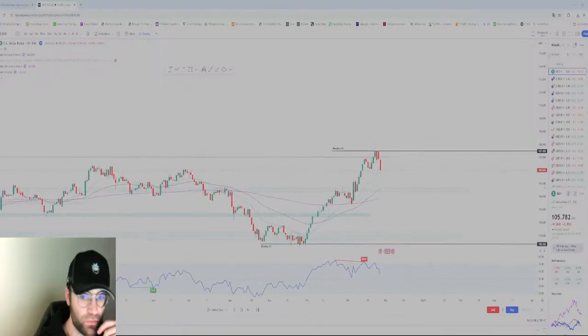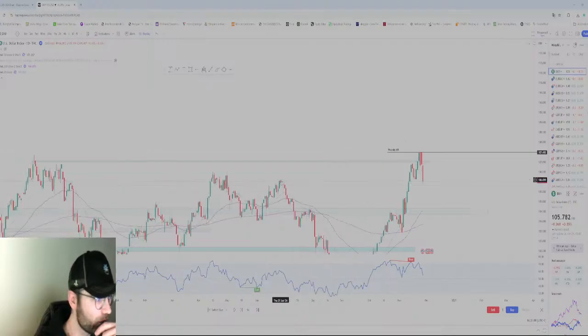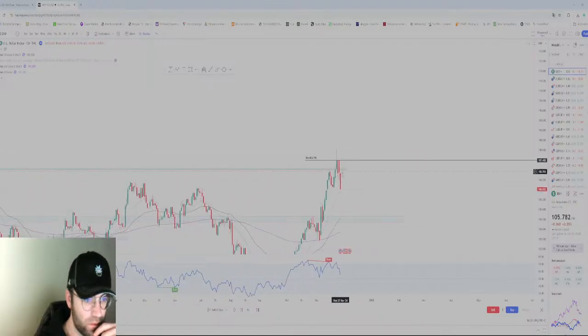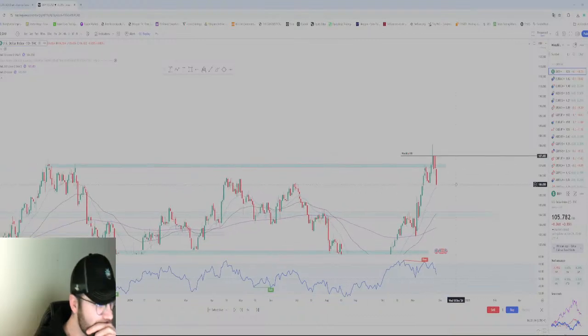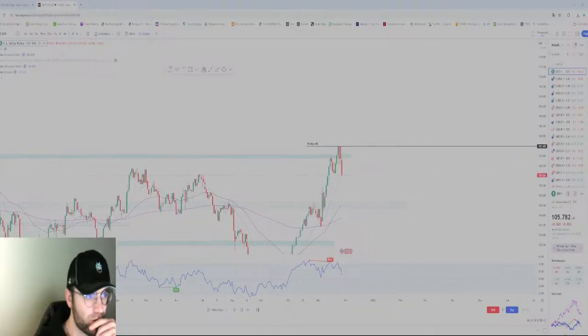Might just rebound from the one that I already drew up earlier. Could make it a little bit bigger, like this. Potentially going like this.